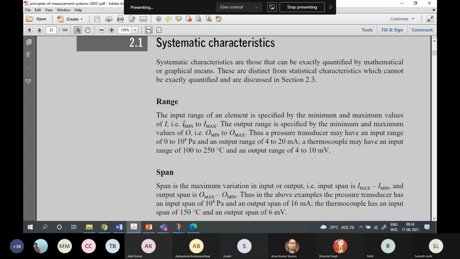So it could be that the physical phenomenon which is deployed is not effective below a certain range or above a certain value.